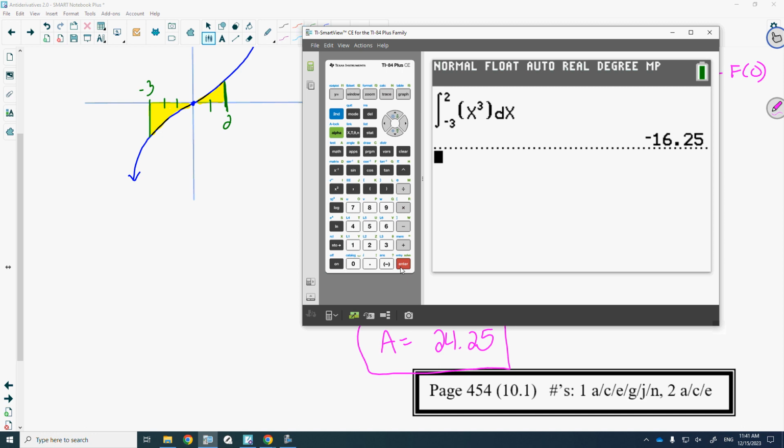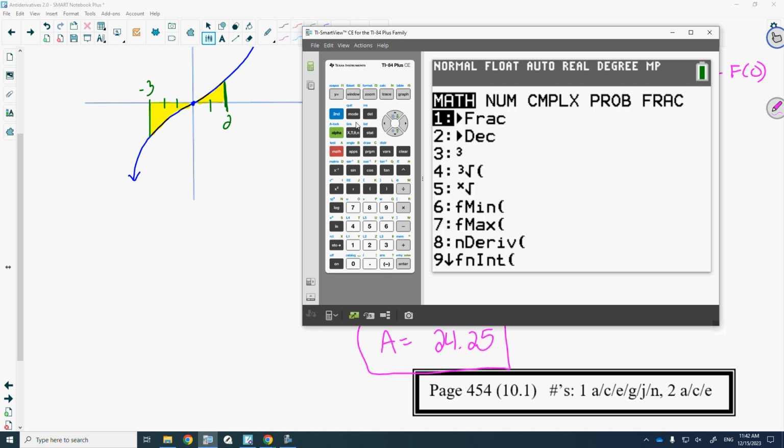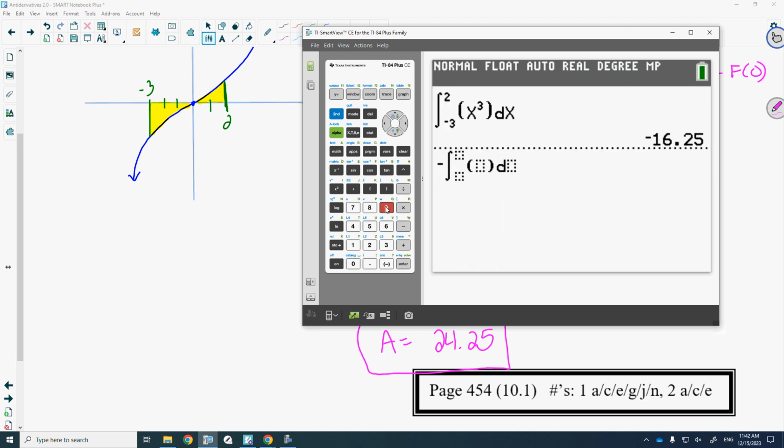You could get the answer on your calculator if you separated it into two separate integrals and then did your negative. So if you changed your bounds, right? So negative, math 9, and you did from negative 3 to 0, x cubed.